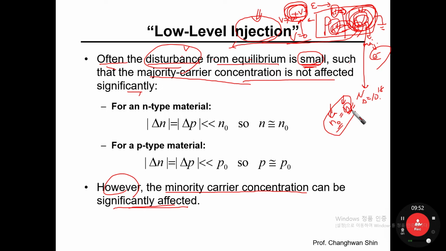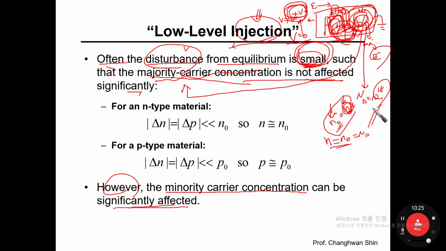The majority carrier concentration has not been changed at all because of this injected hole, because the total number of holes injected into the N side is too small. So the majority carrier concentration, in this case N, is not affected a lot. So we can say that N is almost equal to N naught, which is equal to the donor concentration, in this specification 10 to the 18 per cubic centimeter.